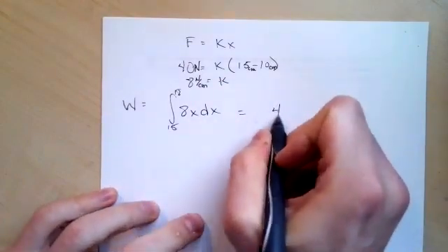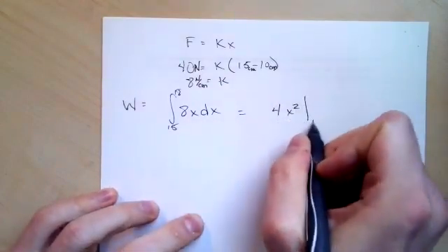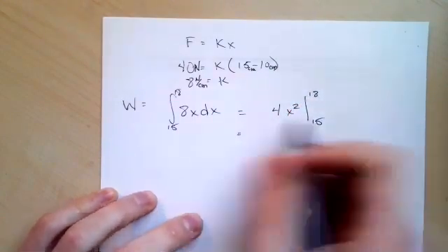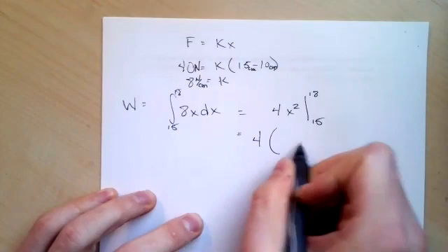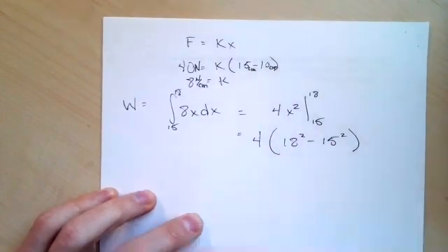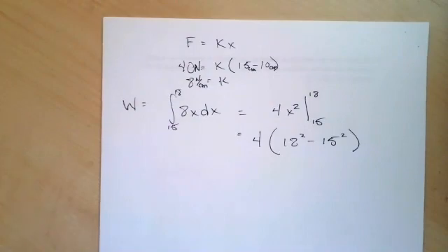And so, of course, we get 4x squared from 15 to 18. So 4 times 18 squared minus 15 squared. Whatever that is. I don't have a calculator handy. 15 squared is 225. Anyone know what 18 squared is?